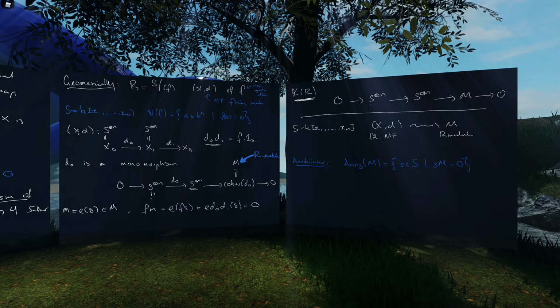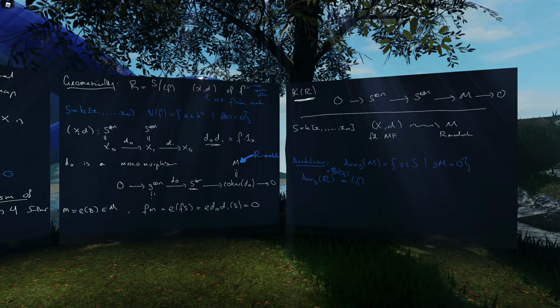So for example, the annihilator of the S module R, remember R is S mod the ideal generated by F. Well, that just gives you the ideal F back again.